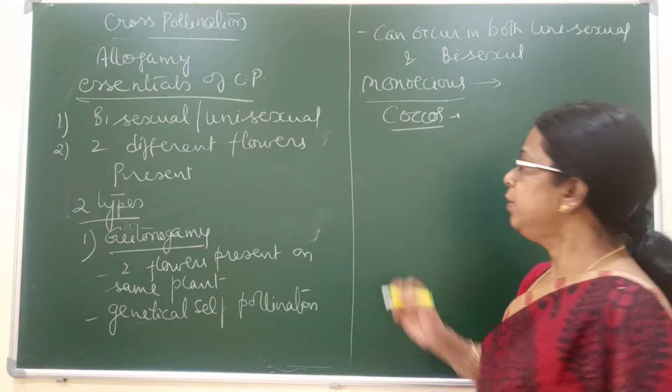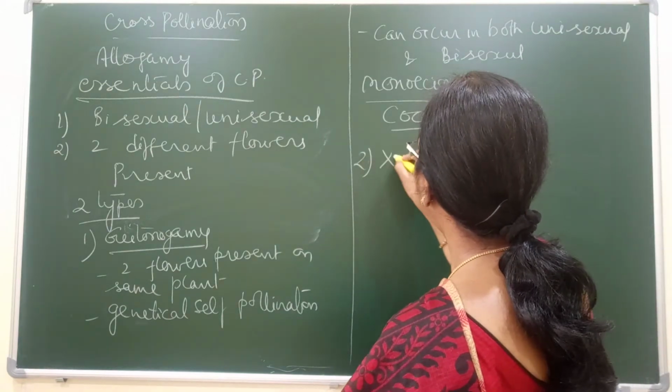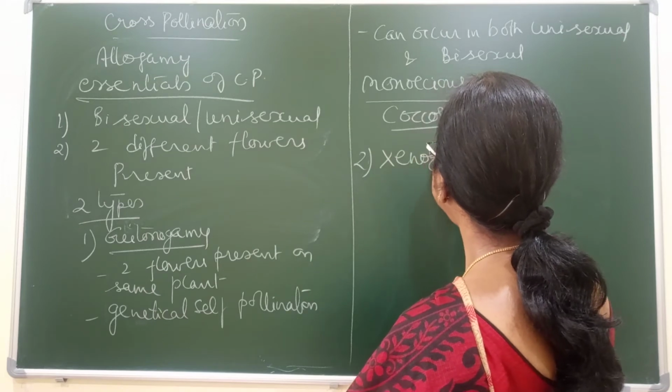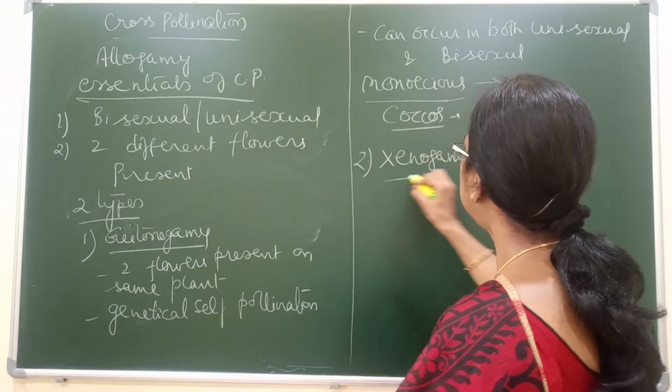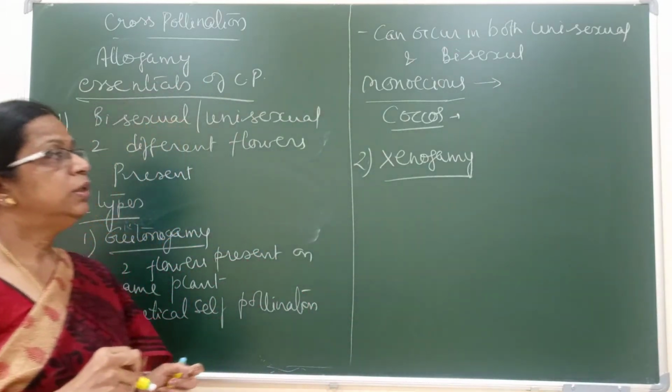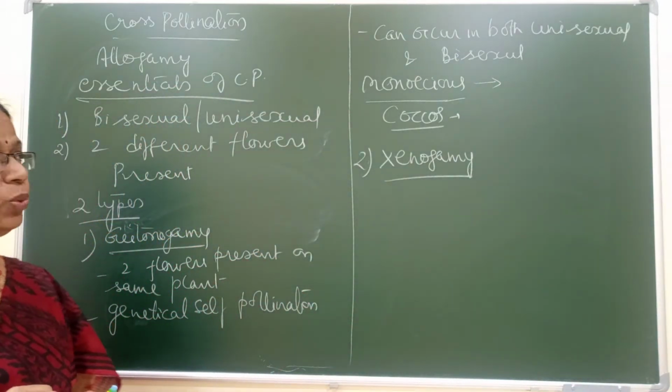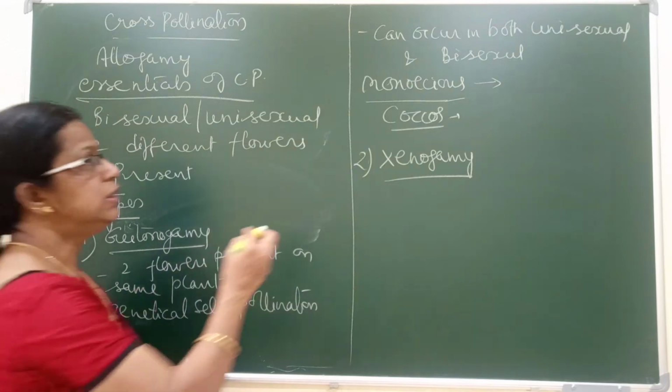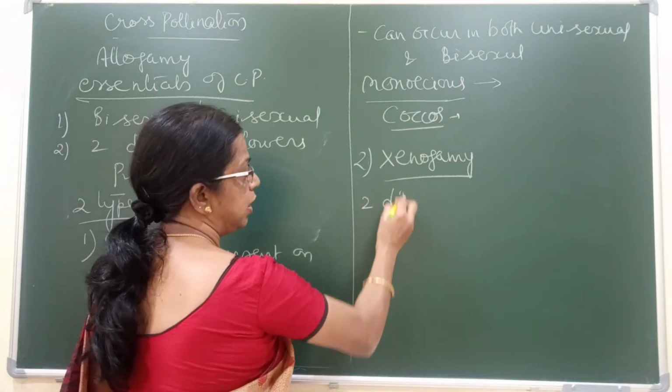Now the second one is called xenogamy. In xenogamy, the pollination takes place between two different flowers present on different plants.